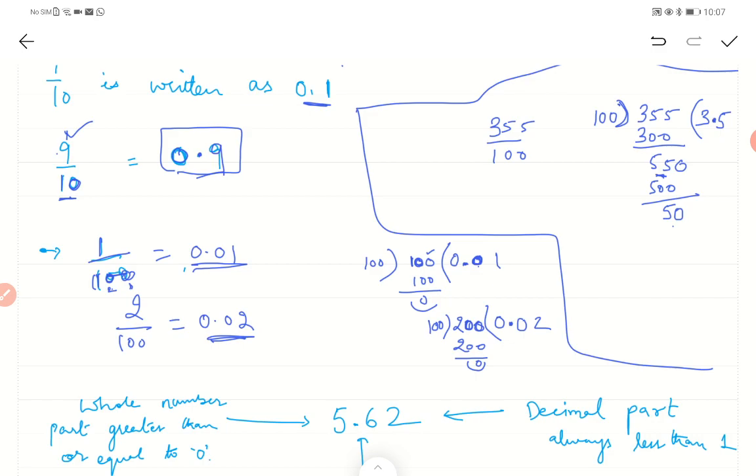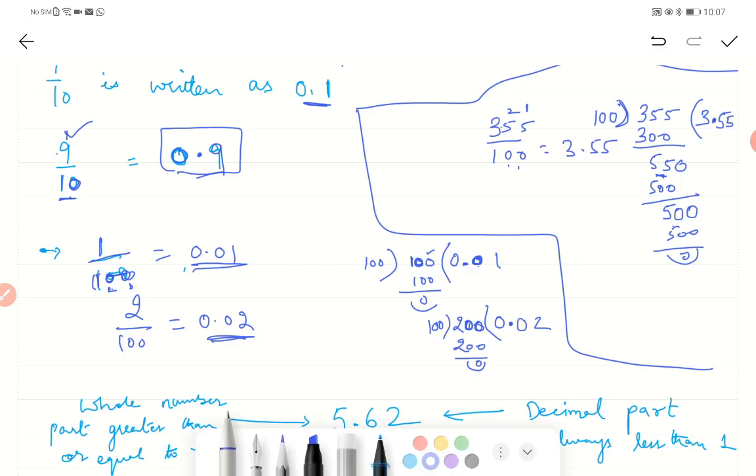So already you have placed a point here, so you can take 0. Alright. So 100 5s is 500. Now you got remainder 0. So whenever you divide with 100, after 2 digits you will place a point, from right to left you count 2 digits, 1, 2, so my answer is 3.55.